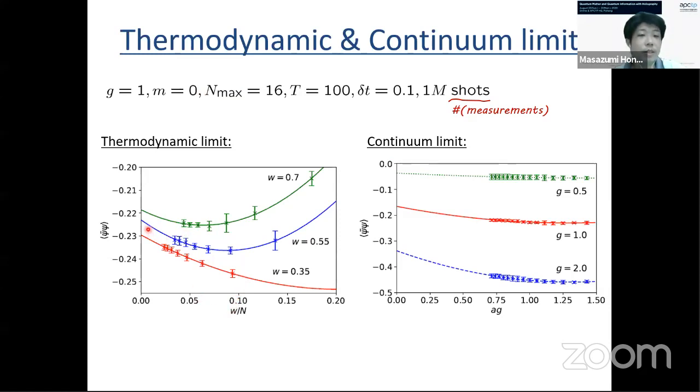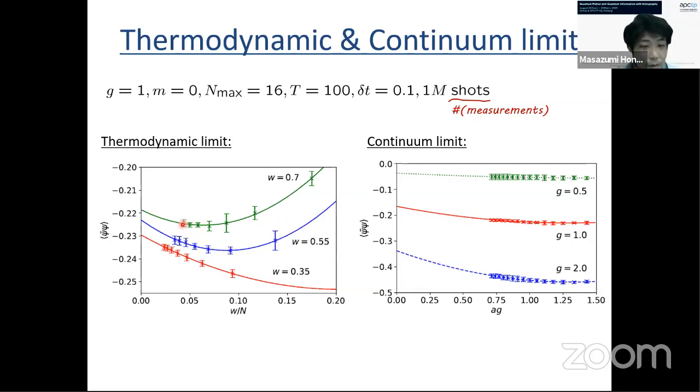This is because we succeeded in doing the fitting in the infinite volume limit. This is basically the fitting as a function of the number of qubits, or volume.